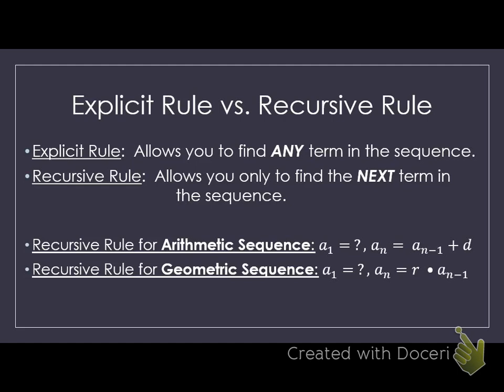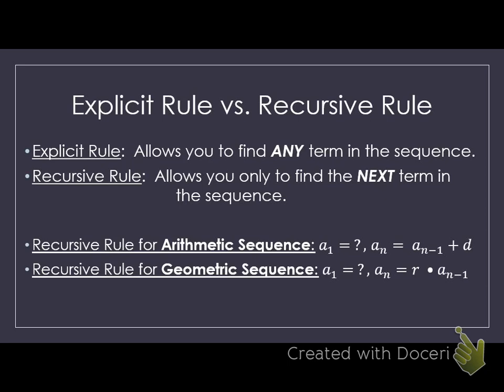These allow us to find any term in the sequence that we want to, and that's what we've been doing. It's told us to find the 6th term or the 10th term or the 22nd term. Those formulas allow us to find any term in the entire list. Today, though, we're going to learn recursive rules, and those allow us to find the next term in the sequence only. So we can only find the next number in the sequence with this formula.